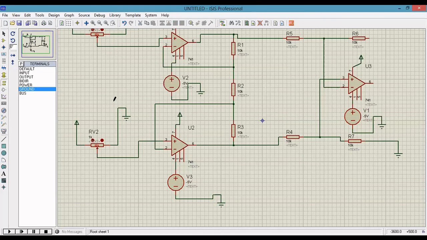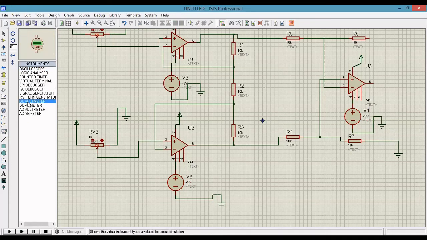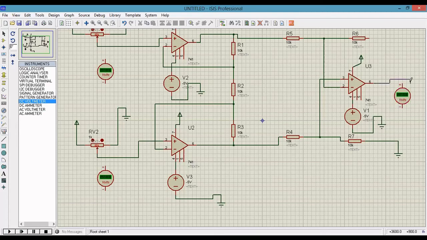For that, I need a voltmeter. Go to virtual terminal, DC voltmeter. 3 voltmeters: one for output and two for input.